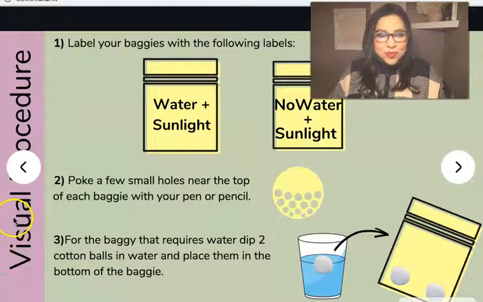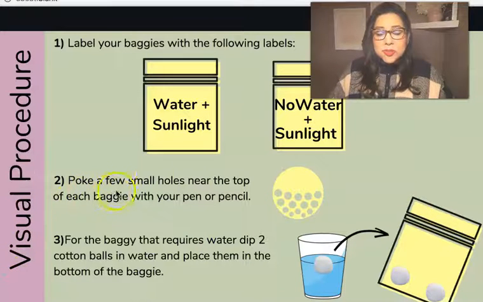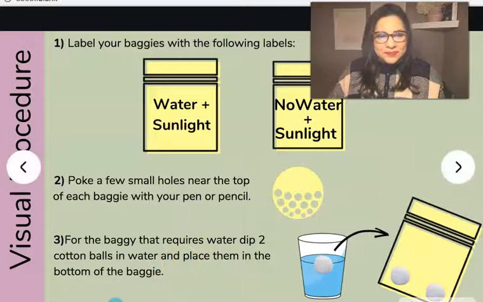Again, for step two, we're going to poke a few small holes on the top of each baggie with your pen or pencil. And for step three, we're going to dip two cotton balls in water, and we're only going to place them in the first bag, which requires water, but not the second because it does not require water.